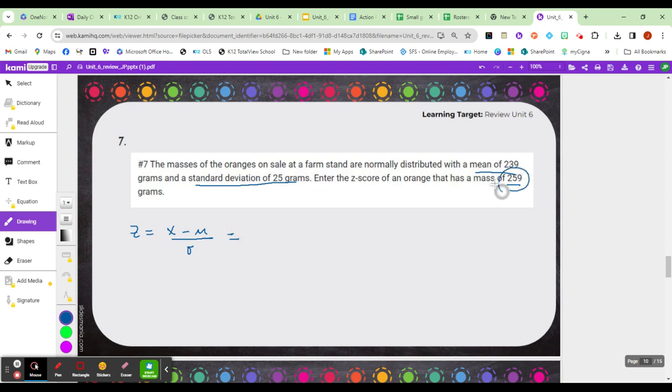So here's our raw score of 259 minus our mean of 239 divided by the standard deviation of 25. So 259 minus 239 is 20. 20 divided by 25 is 0.8. So the z-score that they're looking for is 0.8. So here's your mean, here's your standard deviation, here's your raw score.